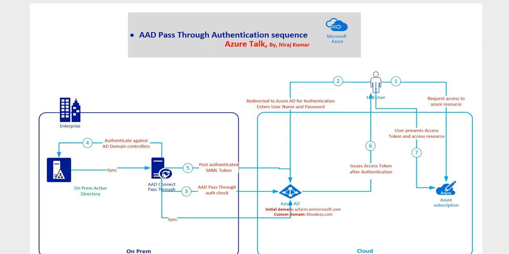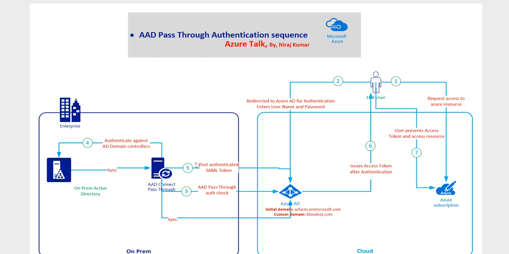This authentication comes back to Azure AD, and the Azure AD pass-through server recognizes that the user is a valid user and is properly authenticated. It creates an authentication response and posts it to Azure AD.